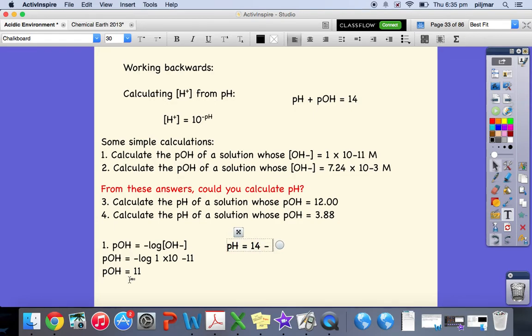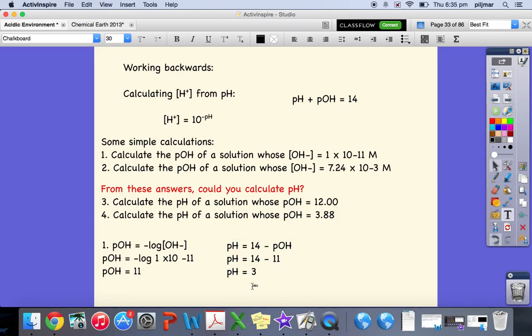Would it not be 14 minus the pOH? I've just rearranged the above equation. pH is equal to 14 minus 11, so the pH equals 3.